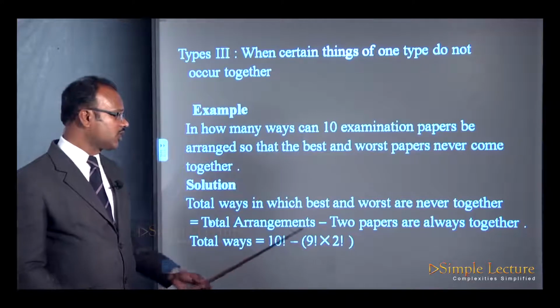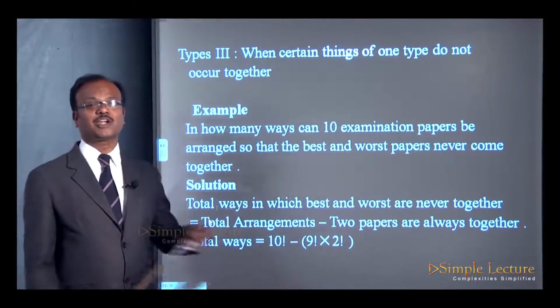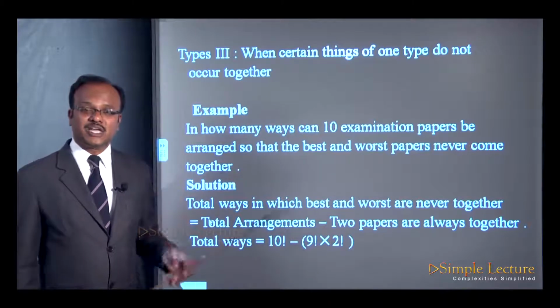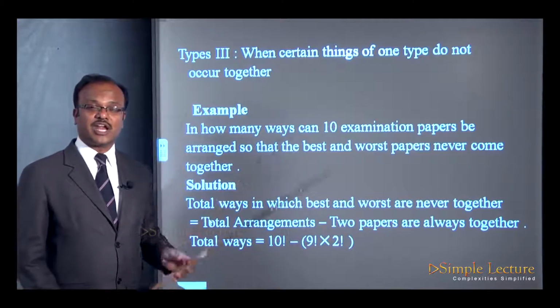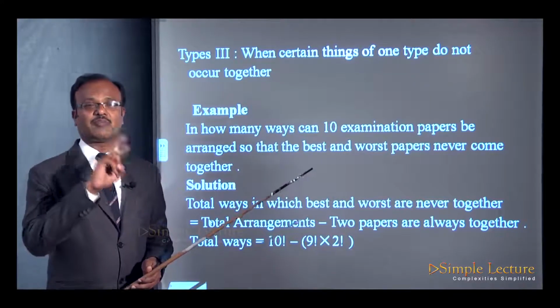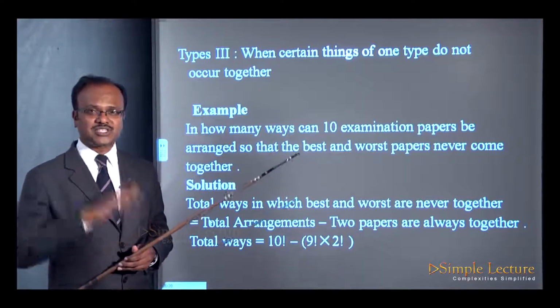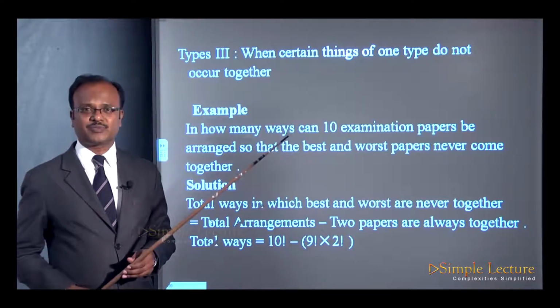So, 9 factorial into 2 factorial. Therefore, 10 factorial minus 9 factorial into 2 factorial is the number of ways in which you can arrange these examination papers wherein you never get the best and the worst papers together. I hope you have understood this. This is the logic which you are supposed to use.